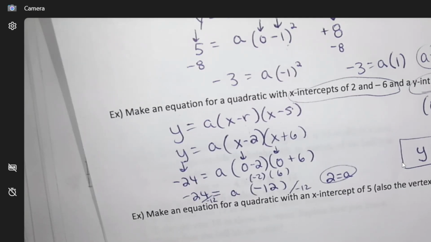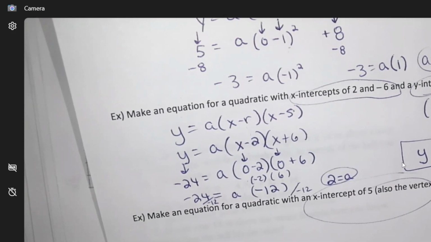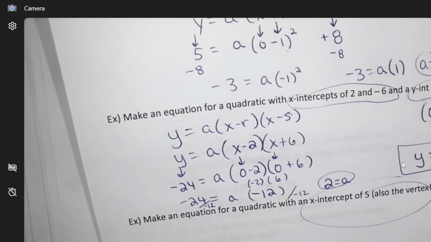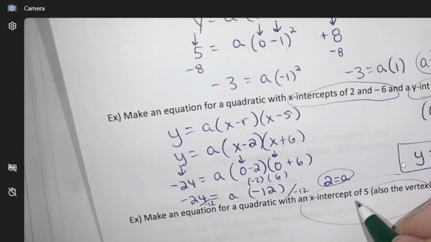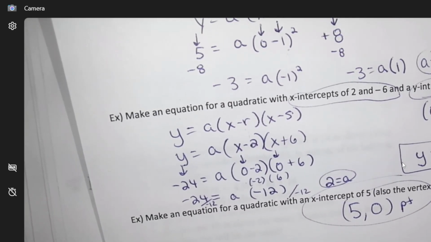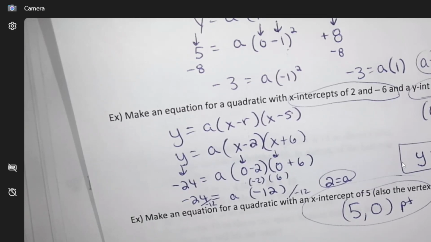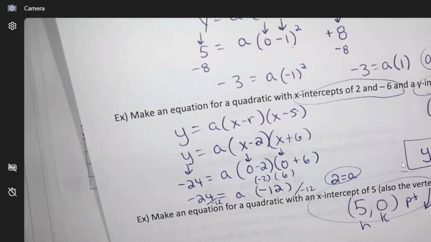Okay, last question. So it had an x-intercept of 5, but that was also the vertex and a point. Okay, so x-intercept of 5, but it's the vertex. So I'm just going to take a note there that an x-intercept of 5 would be a coordinate 5, 0. And since it's the vertex, we can be using the HK to replace the vertex stuff.